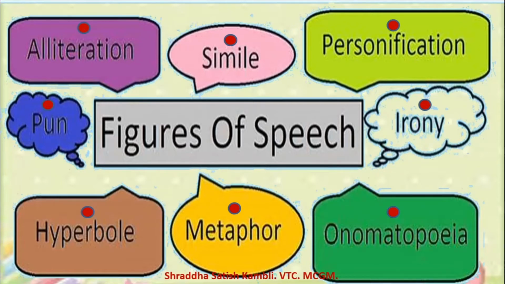So these are the more commonly used figures of speech we find in our textbooks. There are many others also, children. If you learn English on a higher level, that is when you go to college and learn English as your special subject, you will see that there are many more figures of speech that you will be able to learn. So today we will try to look at some of these figures of speech.